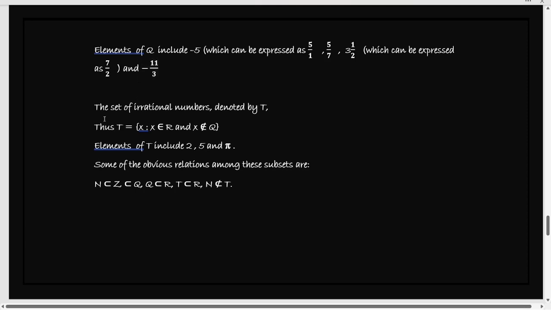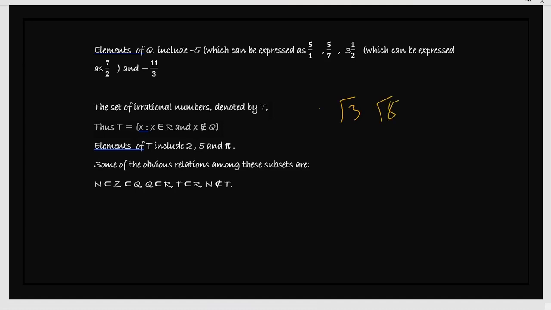And next is the set of irrational numbers. This is denoted by T. T is the set of x such that x belongs to the real numbers and x does not belong to the rational numbers. So those which are not rational numbers are irrational numbers, like root 3, root 5, pi.